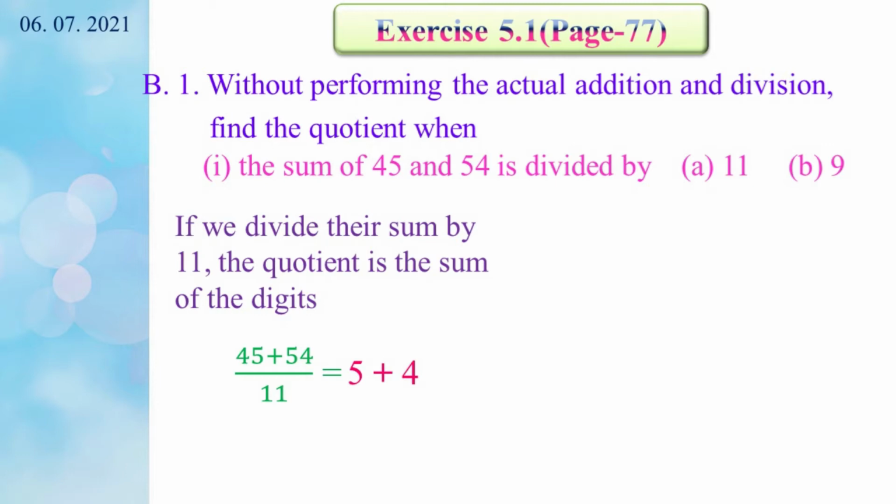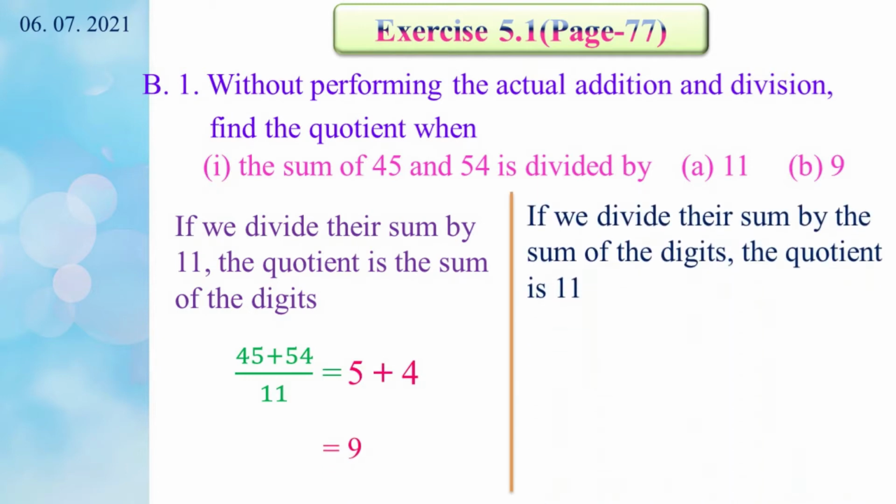See, AB plus BA divided by 11 is equal to A plus B. Now we check it. 45 plus 54 gives 99. 99 divided by 11 gives 9.